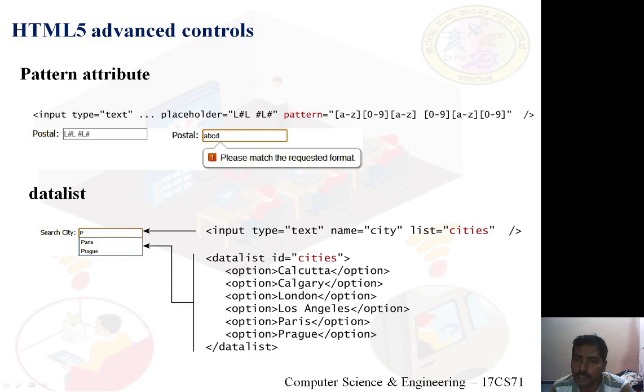Sorry, this specifies pattern. For this text box, for the said example, the first character should be an alphabet, that too lowercase alphabet, followed by a numeric, followed by a lowercase alphabet, followed by space, followed by numeric, followed by lowercase alphabet, followed by numeric.